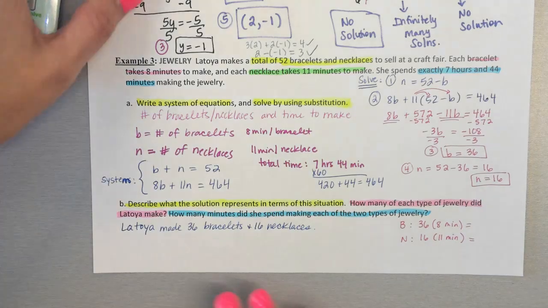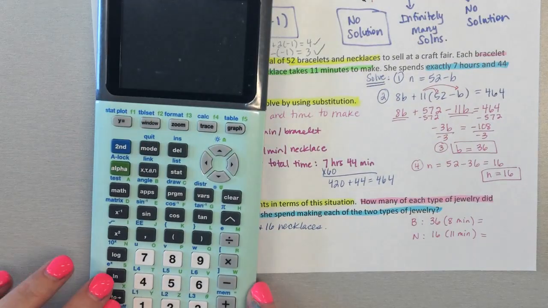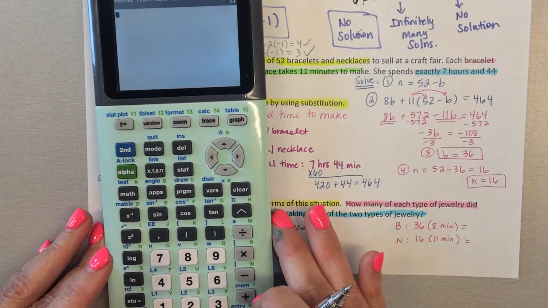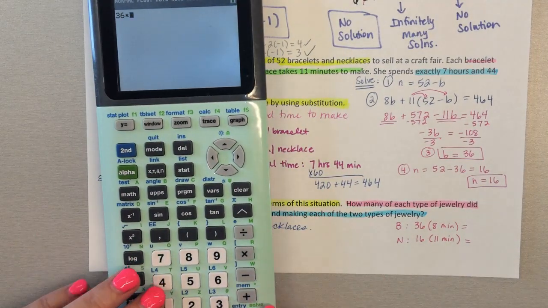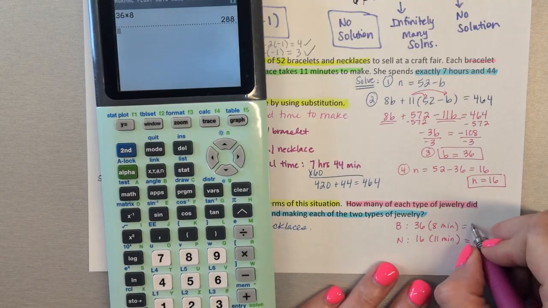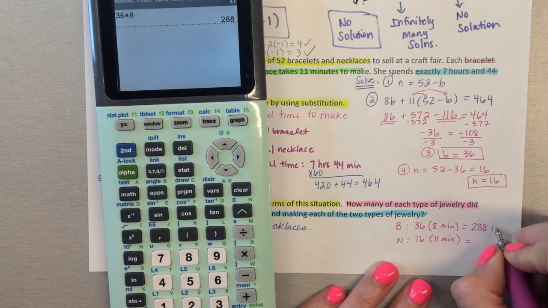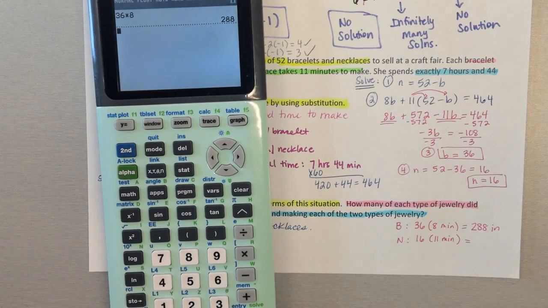We are going to use the minutes in our answer, but I also am going to put in parentheses what that is in terms of hours, because we are not going to say that something took her 288, not inches, minutes. That would be kind of strange for us to do.